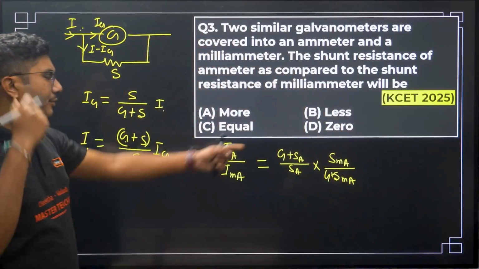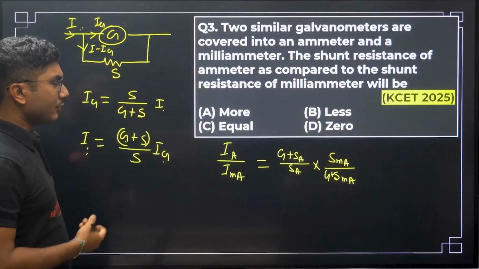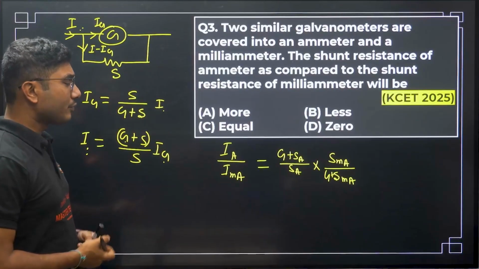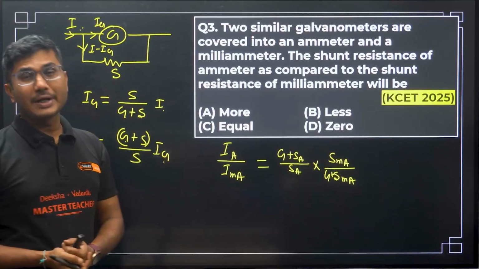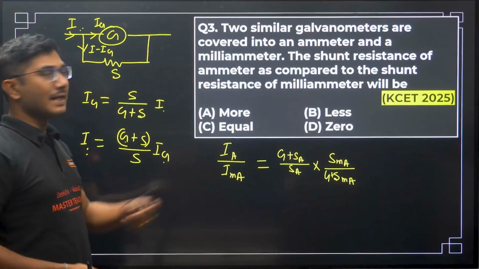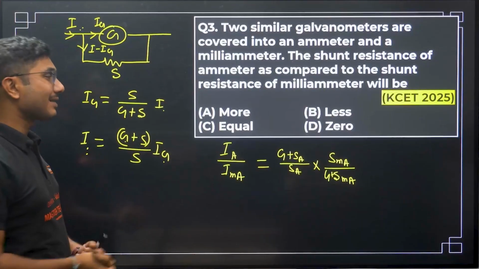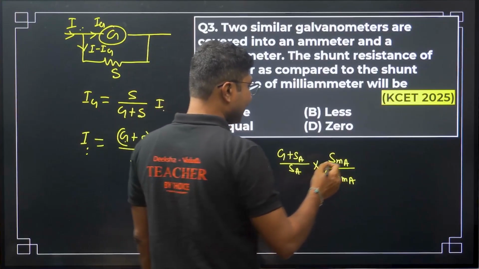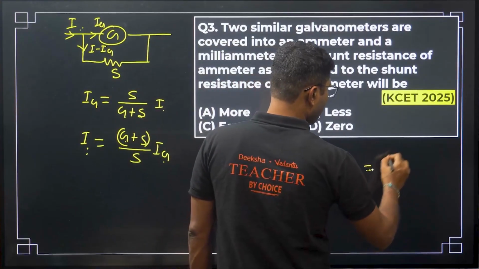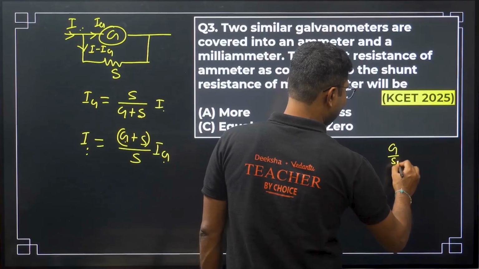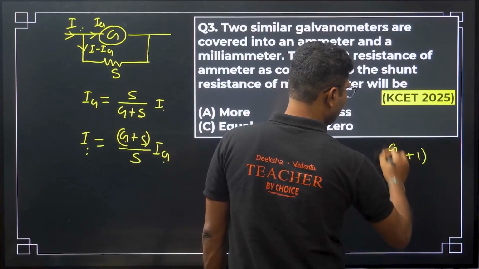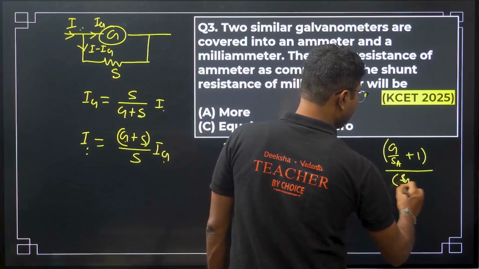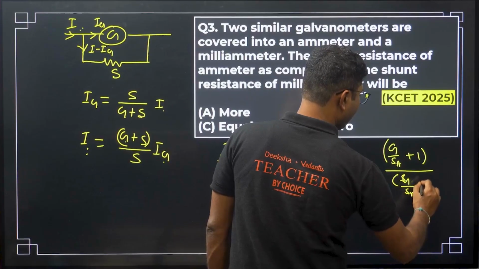Okay, now if you ignore the value of G, you can see that it basically does not make any sense, but you have to understand that ampere is greater than milliampere. Ampere is greater than milliampere, right? So in one sense you can write this as G by S_A plus 1 divided by G by S_M plus 1.